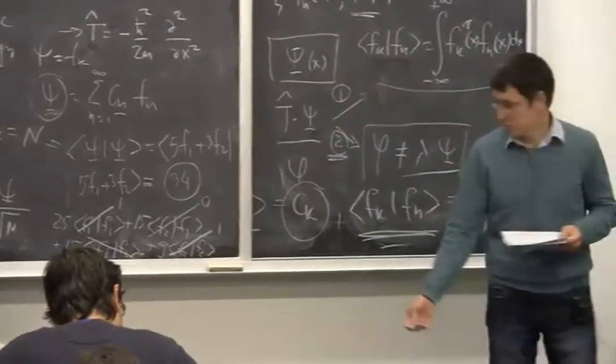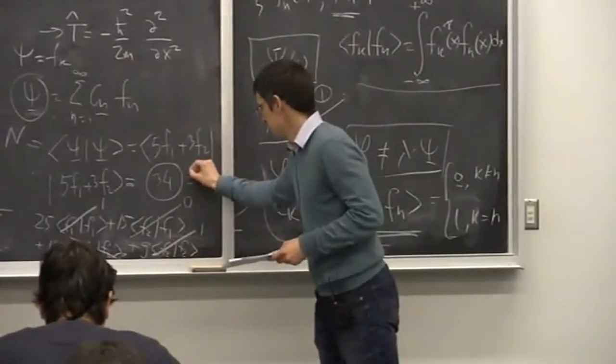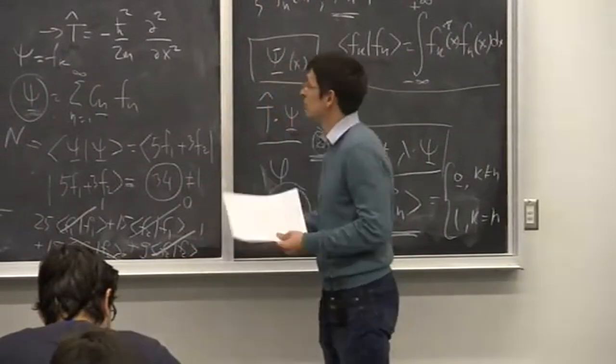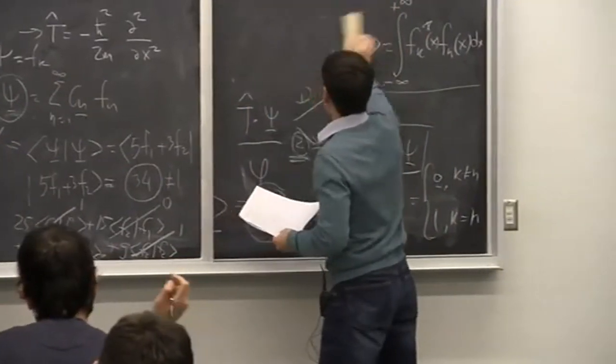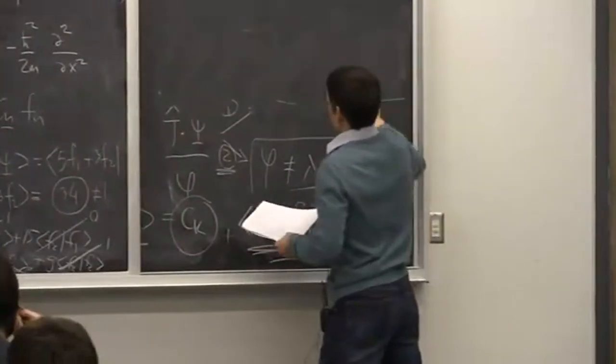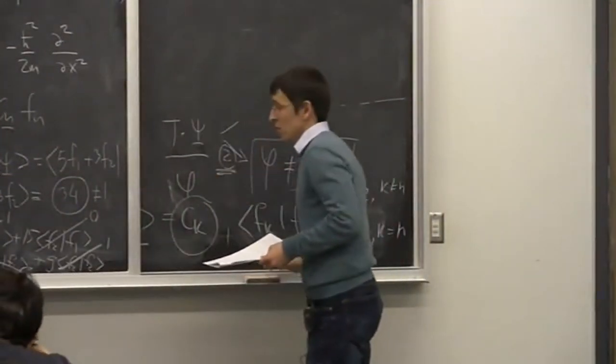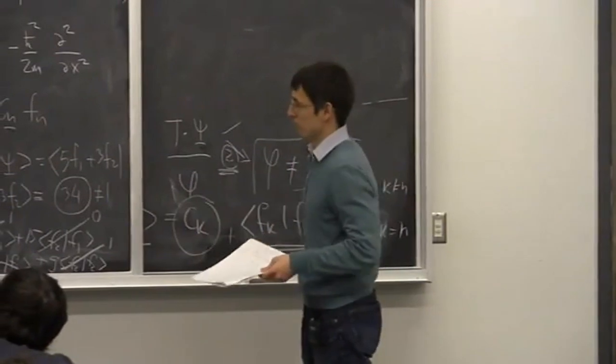And 34, of course, is not 1. So that means we need to normalize the function by dividing it by the square root of 34.